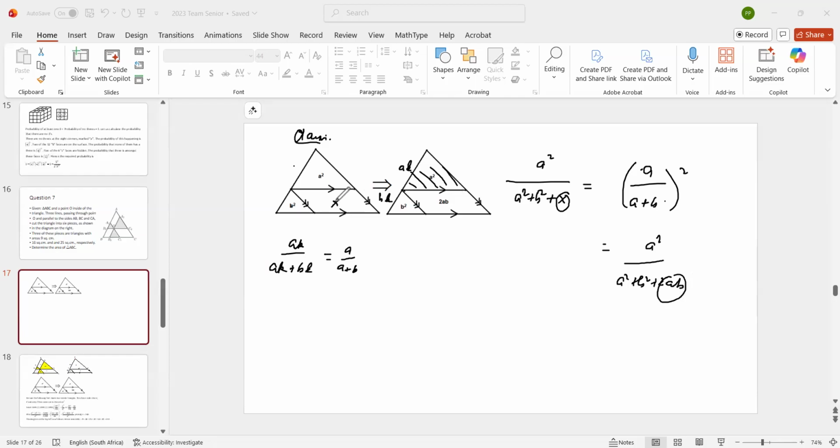So that's how we say that the area of this parallelogram is actually 2AB. Okay, I'm sure that should be quite clear. Now we want to go on. I just want to go to the actual problem at hand.